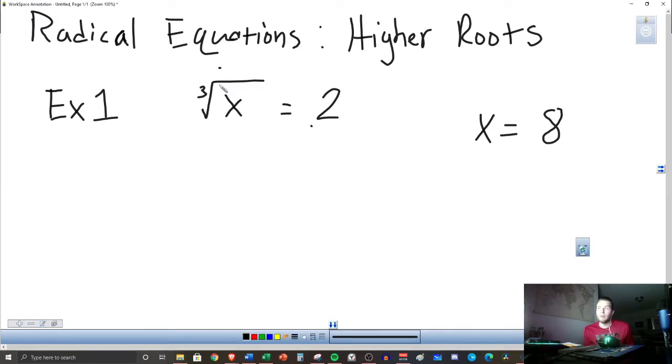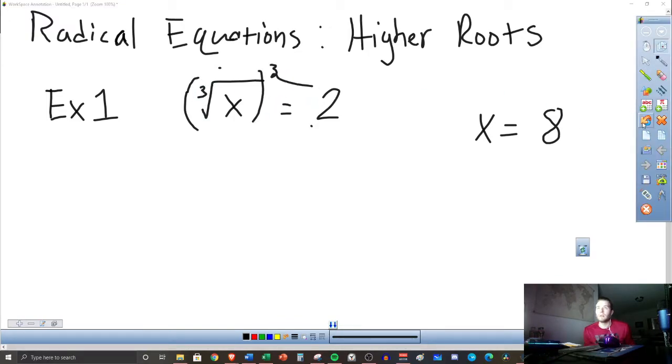But since we have a cube root here, we want to cube this. So now when we cube, it gets rid of that root, and we end up with x equals 8. So that's how we would do that.